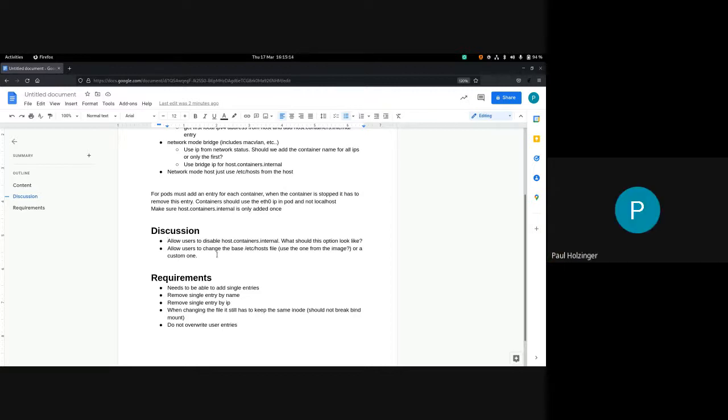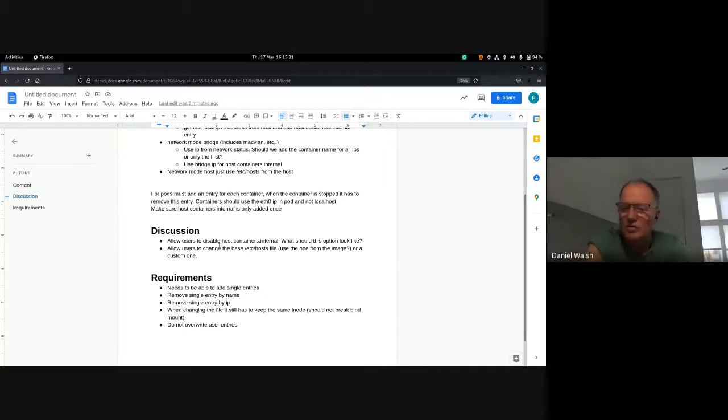Yeah, but there is basically an ask that you use the one from the image, but still make Podman generate the entries, so that you still have the container name in it. And could we add these as just options to --net? Would that make sense?